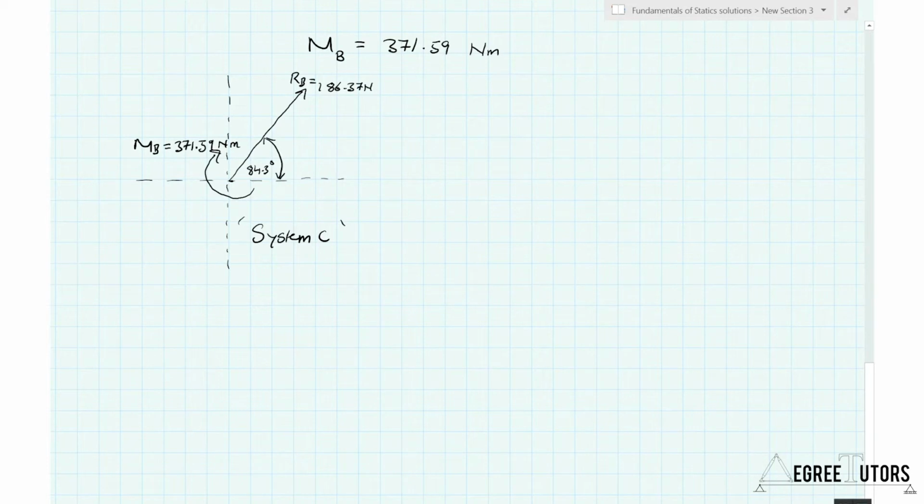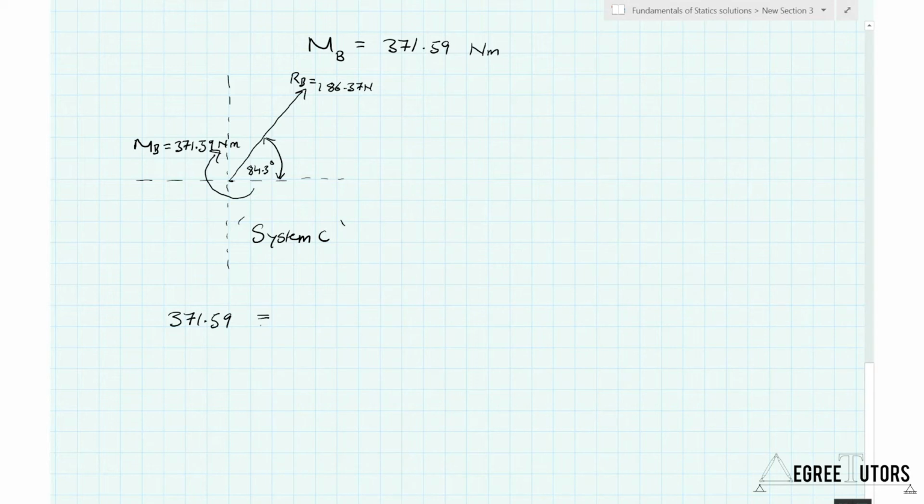So again, if you followed the previous example, there should be no surprises here. We're just simply going to take the moment that I need to generate, which is 371.59 Newton meters, okay? That's equal to a force times a lever arm.